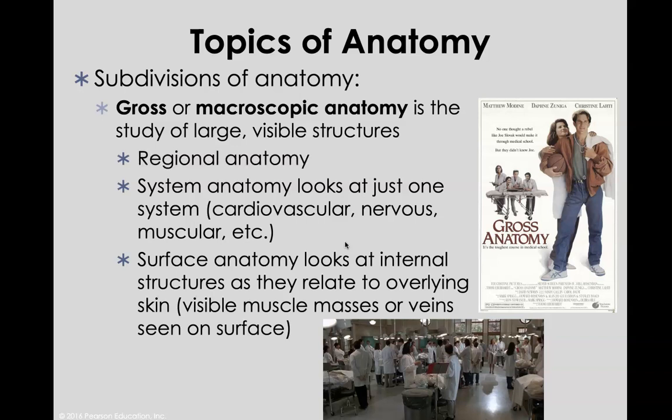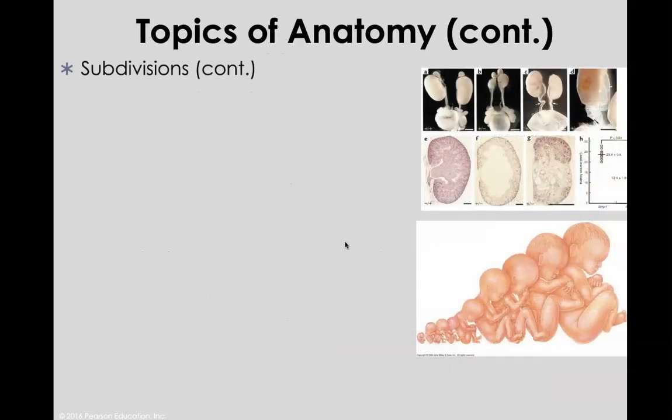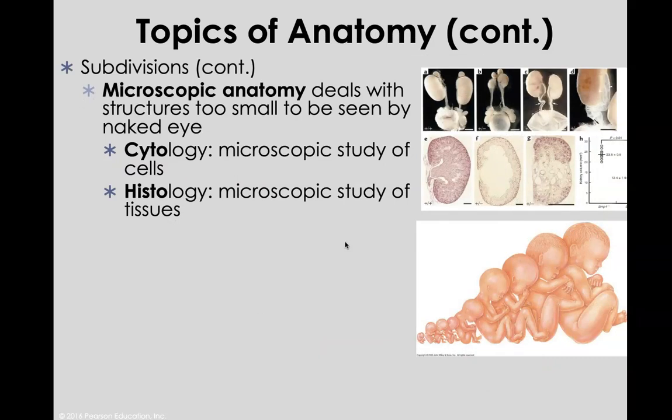is by talking about the macroscopic, the gross anatomy. And then we also will talk about the microscopic anatomy, which is going to deal with the structures that are just too small for us to see with the naked eye. So we need microscopes. So we're going to deal with things like cytology when we're looking at the microscopic study of the cells. And this is important because it helps us understand how these organs function.